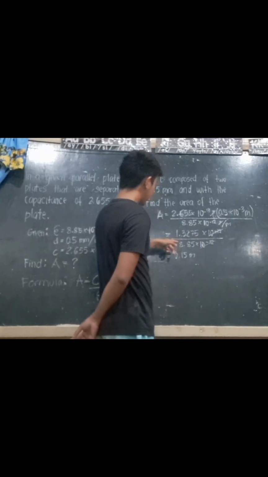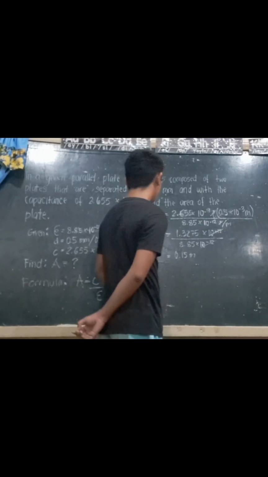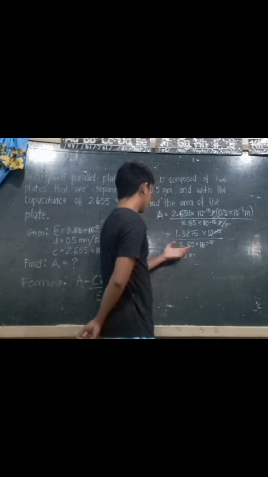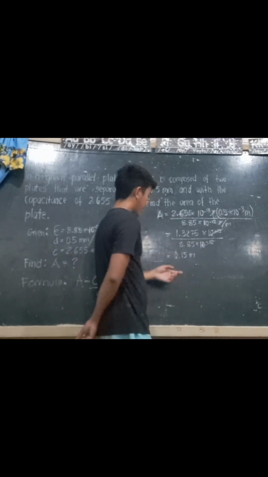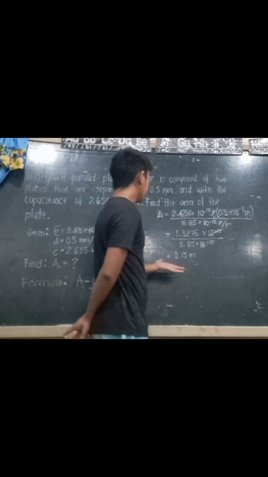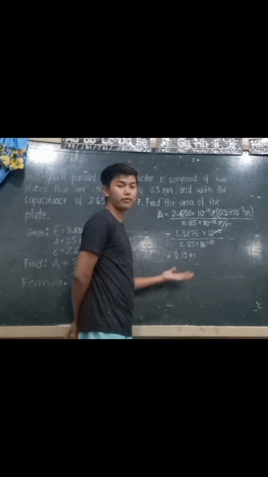We then need to divide that with the value of the epsilon, which is 8.85 times 10 to the power negative 12. Finally, the answer or the value of the area is 0.15 meters.